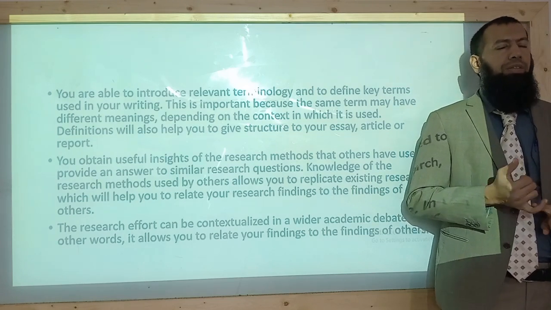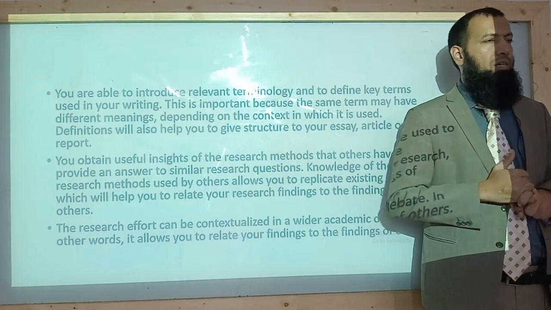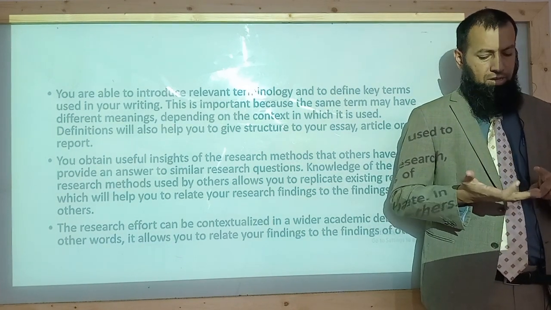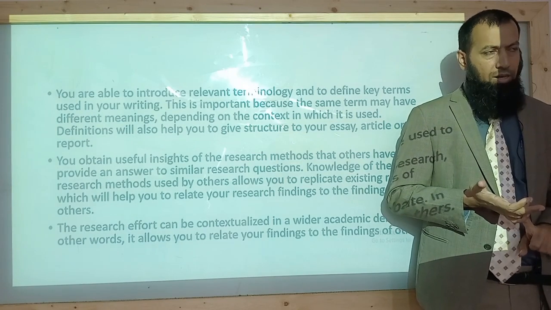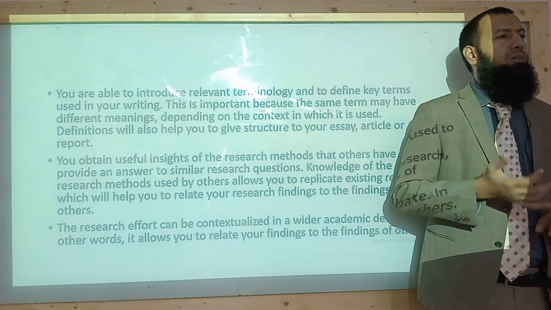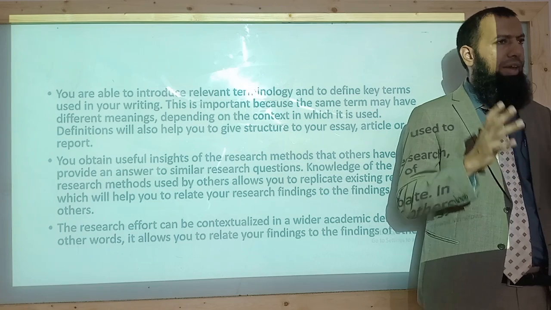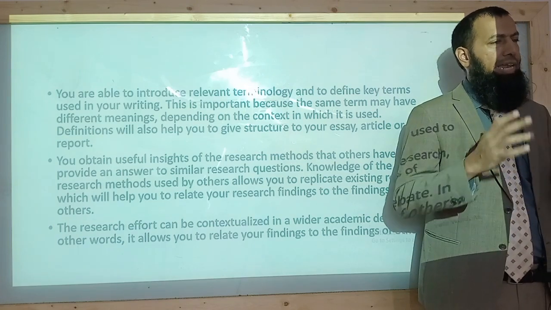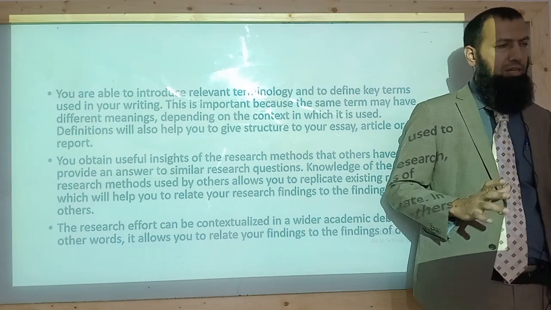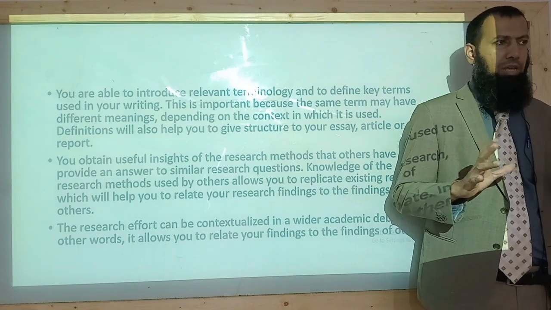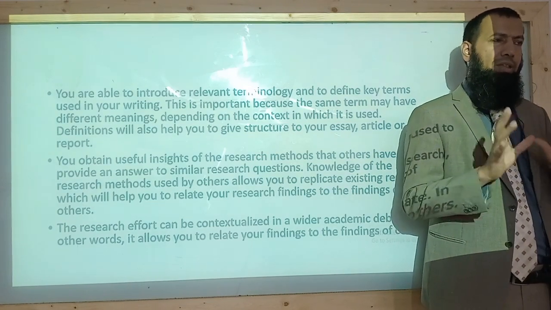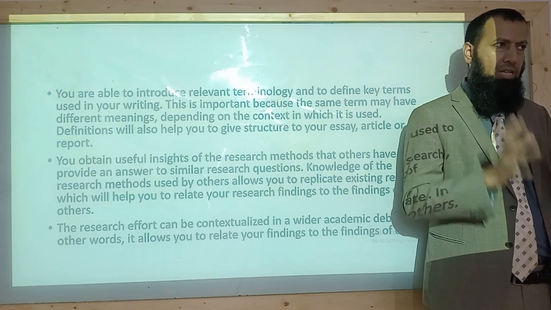Very good. See, I am just repeating myself. From the research paper, what do you learn? First, on the top of any research paper, there is an abstract. An abstract gives you an idea of everything about the research paper. In a paragraph, you learn everything about it.